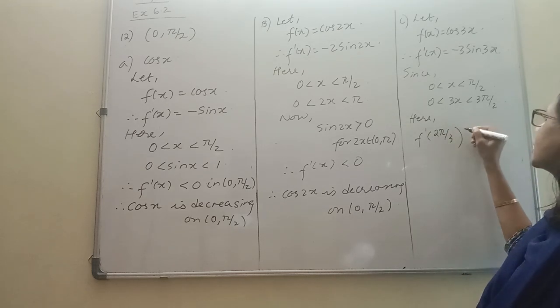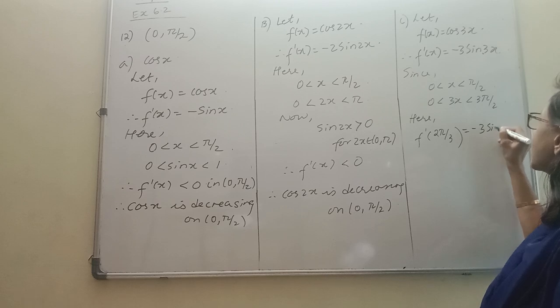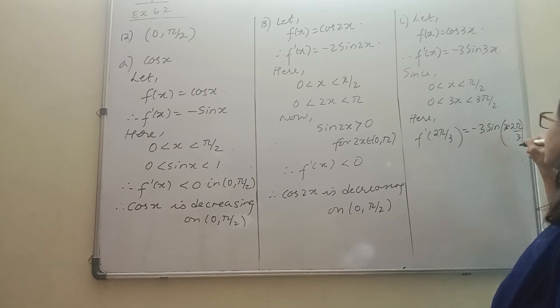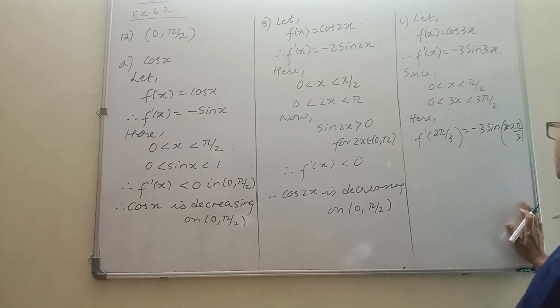It is minus 3 sin of 3 into 2 pi by 3. Sin 2 pi is 0. No, that's not of much good. Can we take 3 pi by 4?